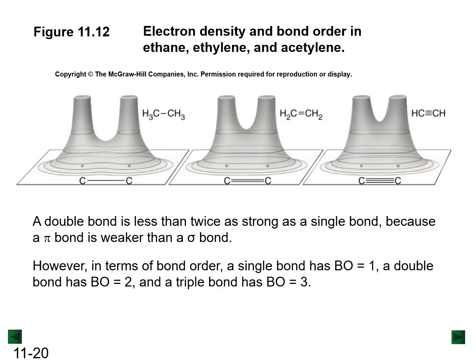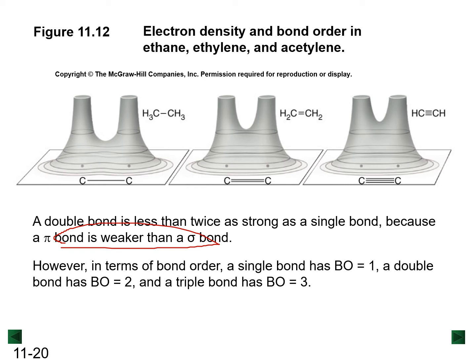Okay, a double bond is less than twice as strong as a single bond because the pi bond is weaker than the sigma bond in terms of overlapping. The side-by-side overlapping in pi bond is less efficient than end-to-end overlapping in sigma bond.